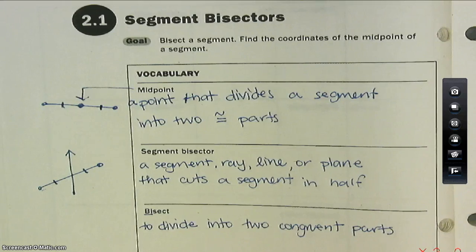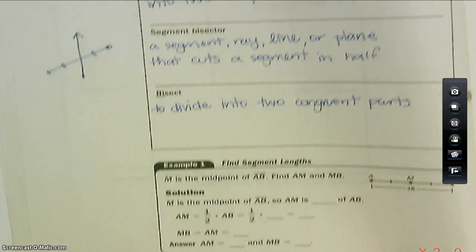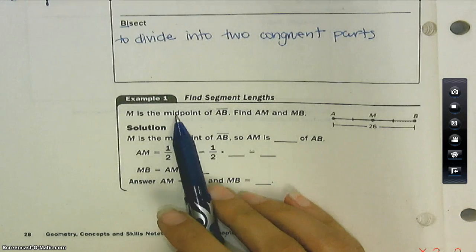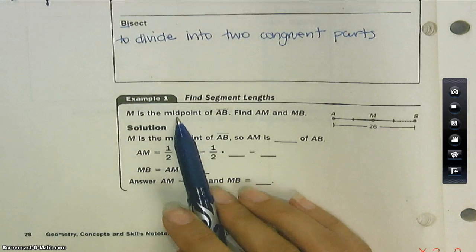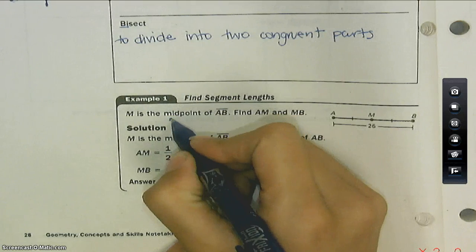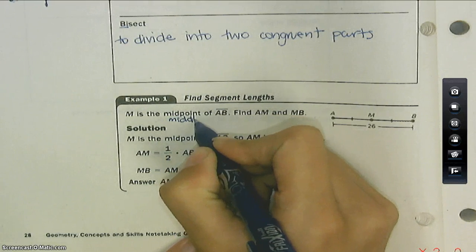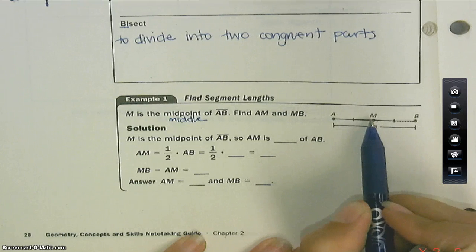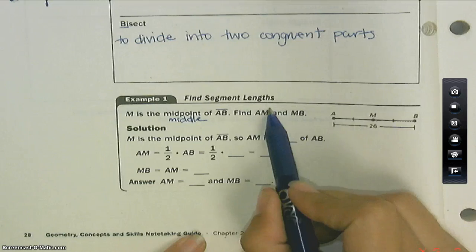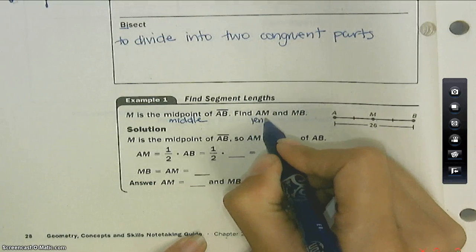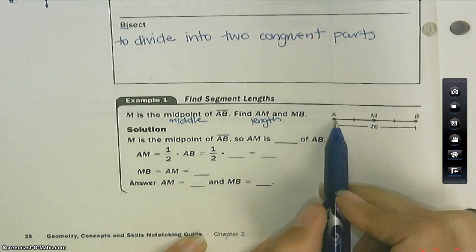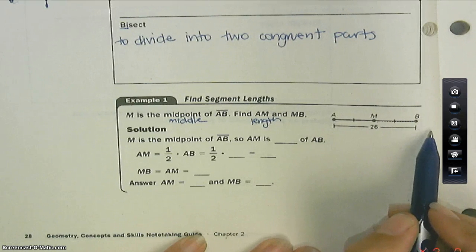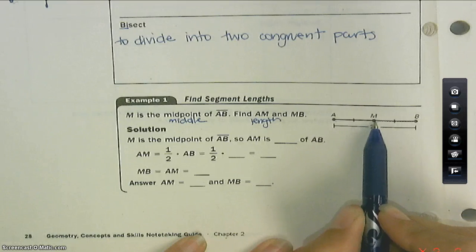So let's do some examples with this. M is the midpoint. So as soon as I see that word midpoint, I'm like, okay, it's in the middle. Midpoint, middle. So it's in the middle of AB. So find AM and MB. Remember, if there's nothing above it, that means length. So I need to find the length from A to M. Well, the whole thing is 26, and M is directly in the middle.